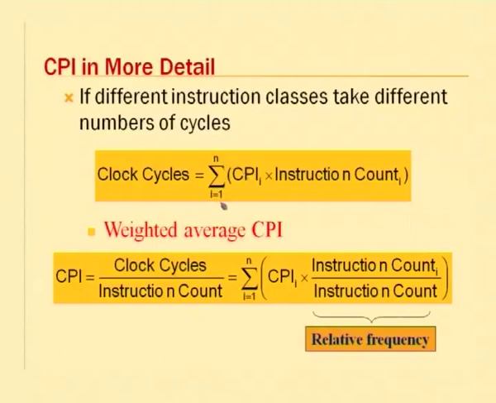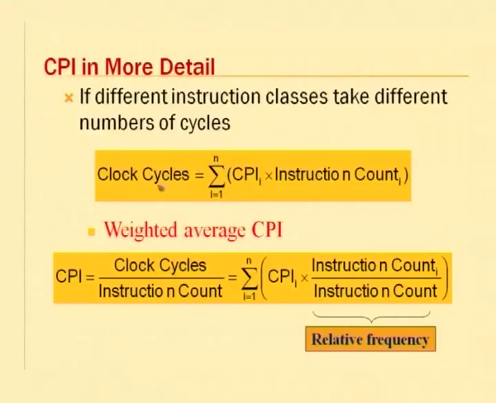For each type, I will have a certain number of instructions in a given program, and for that type I know a particular value of CPI, which I am calling CPI I. So, CPI I into instruction count I will give me the number of clock cycles taken for one particular set of instructions. This I varies from 1 to n because I have n different types of instructions.